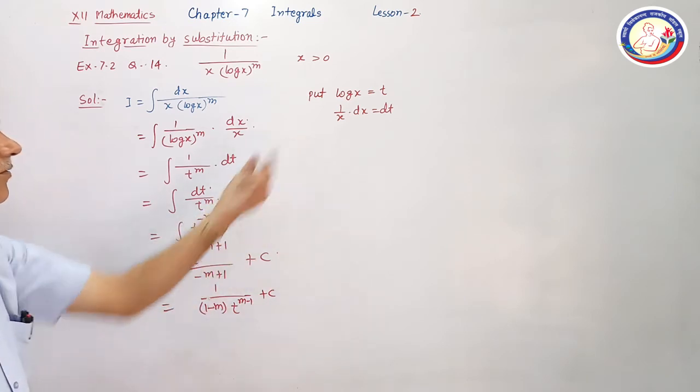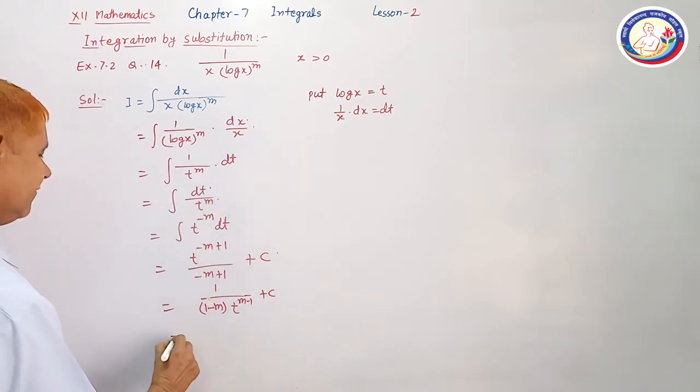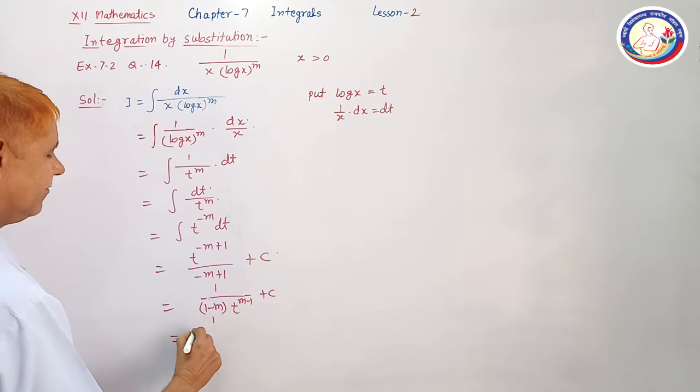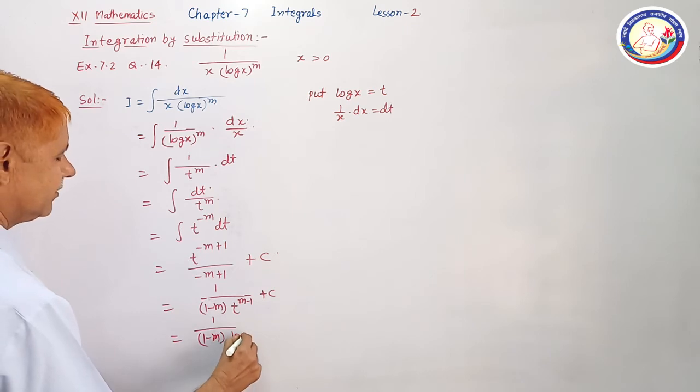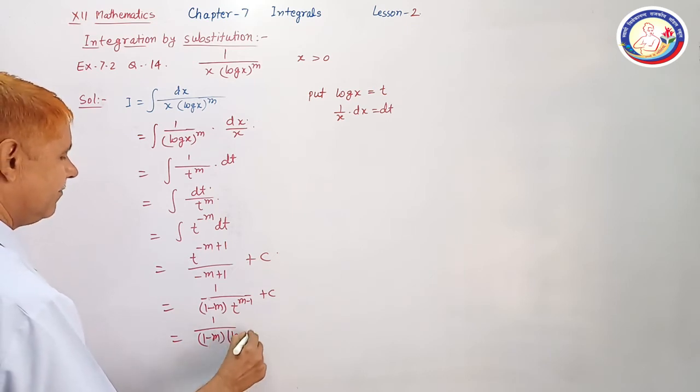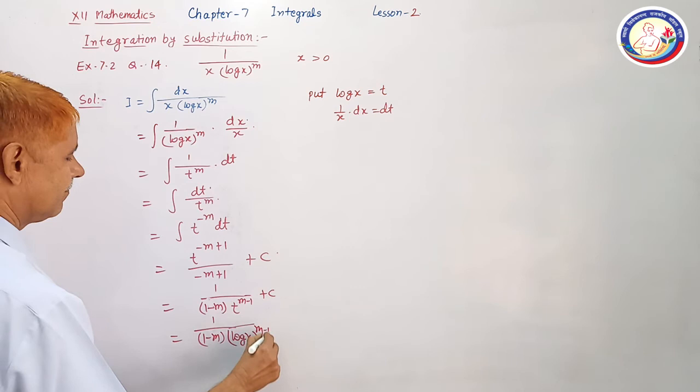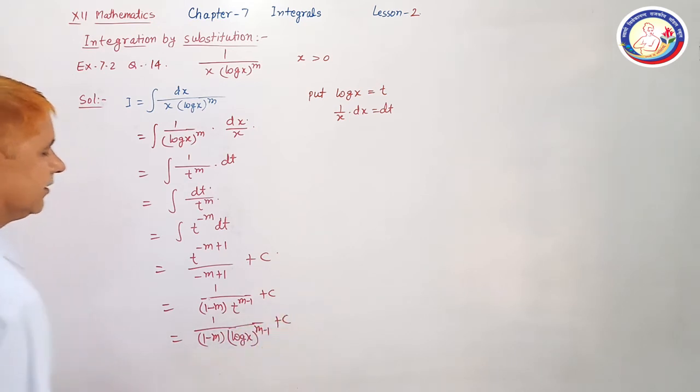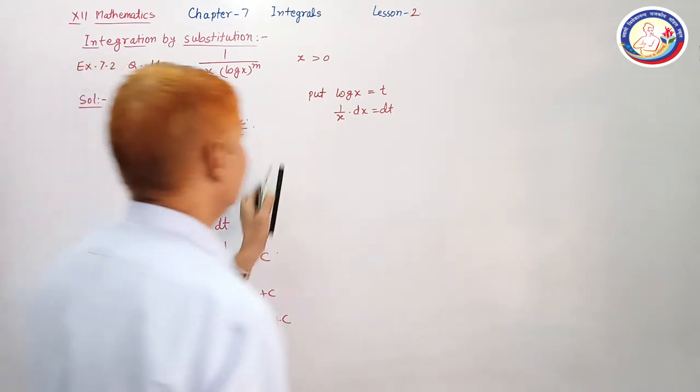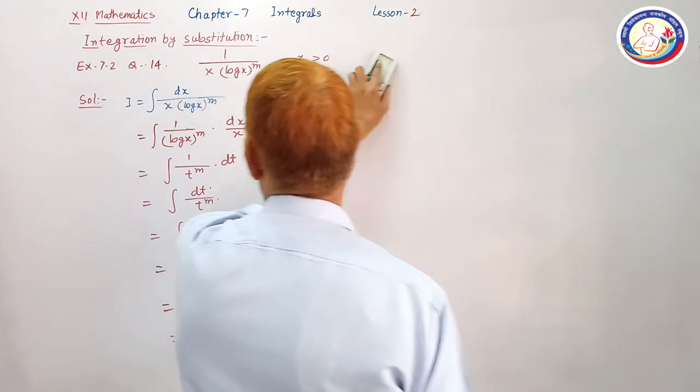Now put here the value of t again, which will obtain 1 upon 1 minus m, log of x to power m minus 1 plus c. This is the answer. So in this way, we can find the integral of a function by using the substitution method.